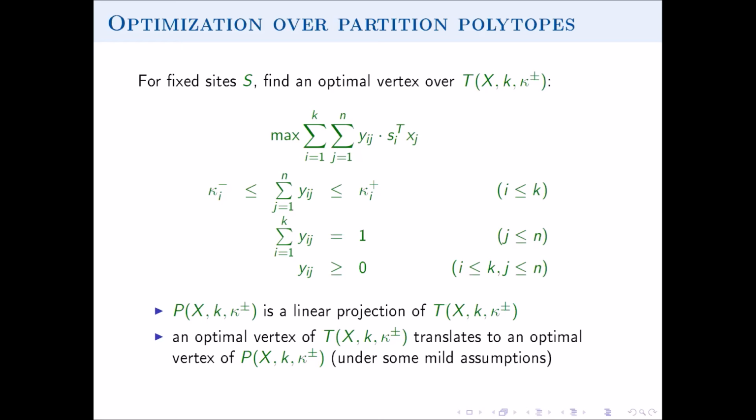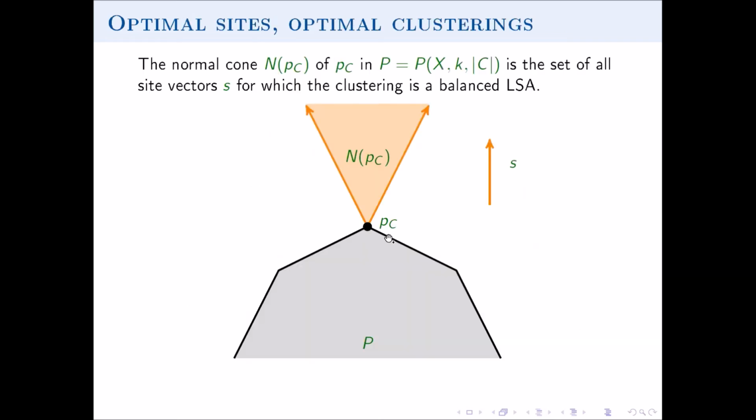Okay, so why is it useful then to think about these partition polytopes, when the linear optimization over those polytopes is essentially the same as computing a balanced least squares assignment? Because of interpreting this feasible set as a polyhedral region, and knowing that balanced least squares assignments are vertices, we can now, for example, look at the normal cones with respect to this partition polytope.